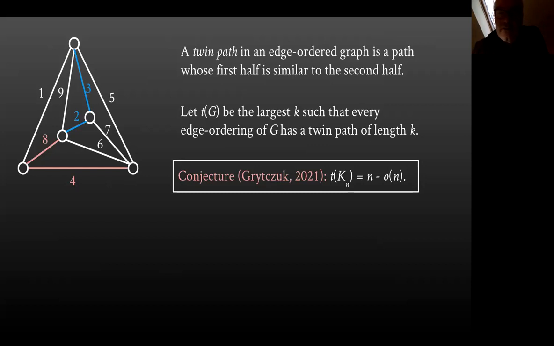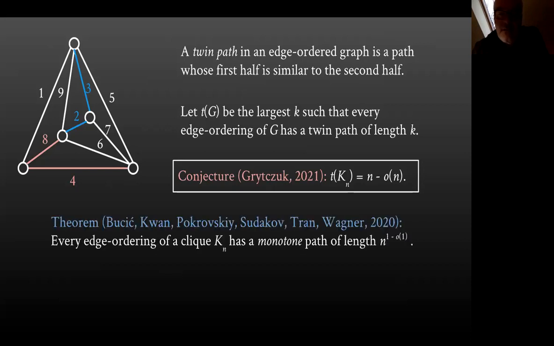For instance, even for cliques, it is not known whether we can find a pair of such twins of length almost n. But something was proved for a problem that was also an inspiration here, for just monotone paths, which means paths with a monotone sequence of these labels.